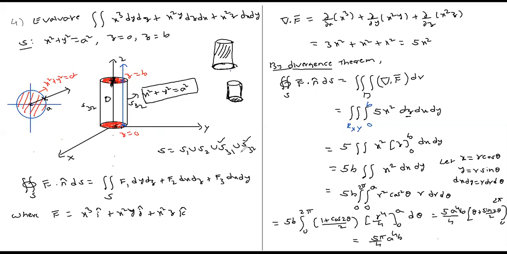Then only you will get the answer. So it is not just integrating over three surfaces. You need to integrate over four surfaces: two circular discs and two parts of the cylinder, the right half cylinder and the left half cylinder. Remember this. Whenever the surface is on both sides, you need to partition the region.